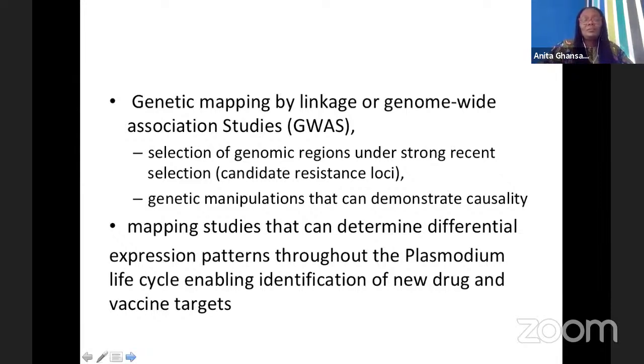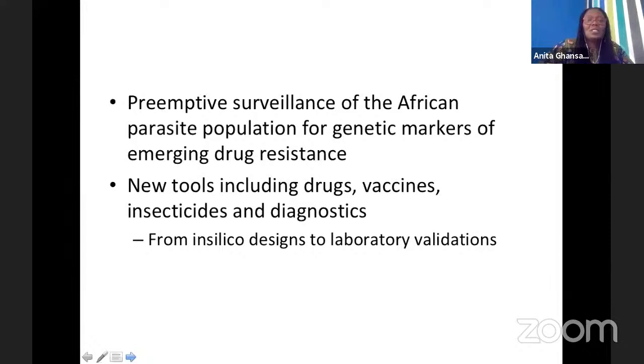They can also be used to look for causal variants. So if you're interested in phenotypes like severe malaria, are there any causal variants for severe malaria? We can also map the genome or transcriptome to look at differential expression patterns throughout the various stages of the life cycle to enable us to identify new drug and vaccine targets. And this is an area where not much has been done.